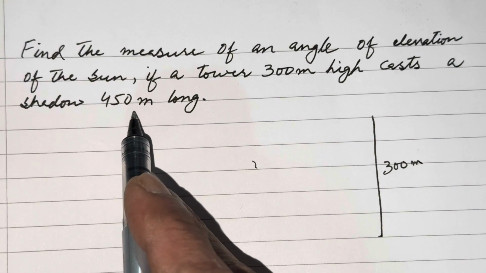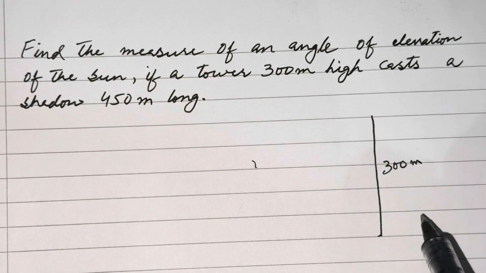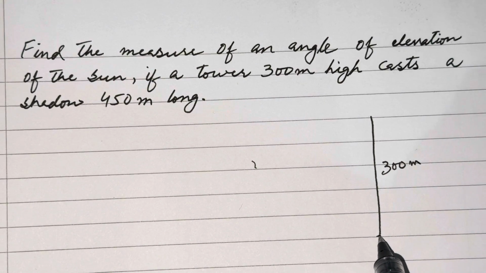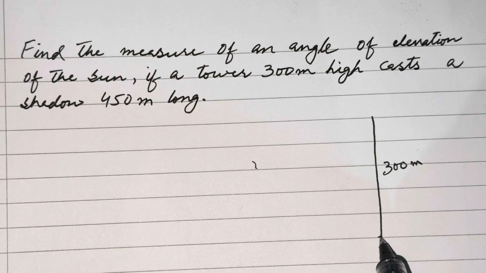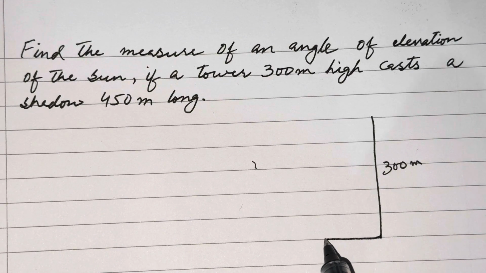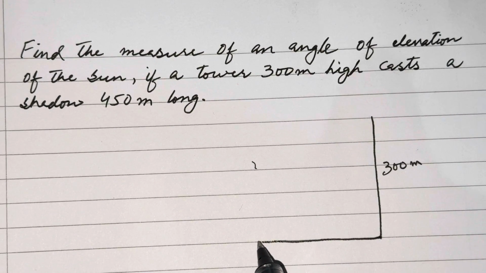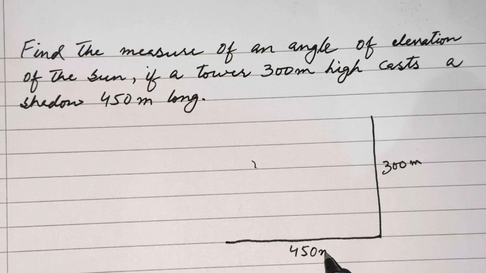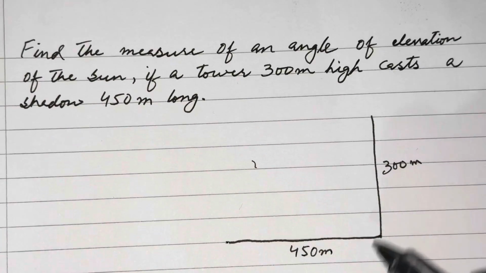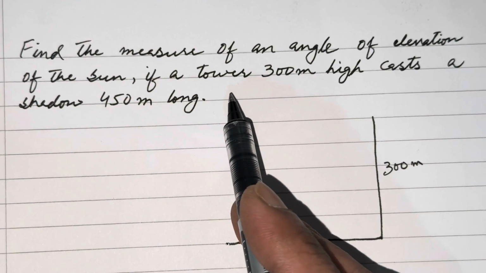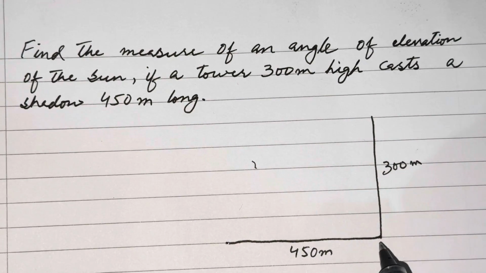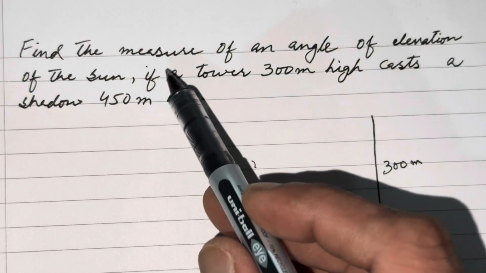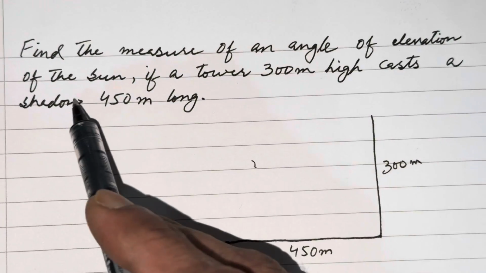The length of the shadow on the ground is 450 meters. So these are the two things given in the statement: the height of the tower and the length of the shadow of the tower. What we have to find is the angle of elevation of the sun.